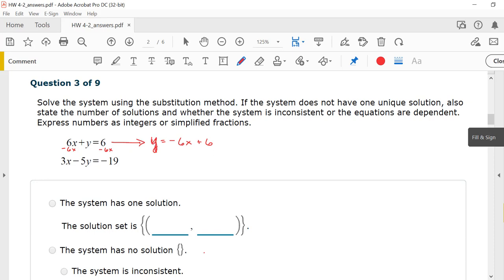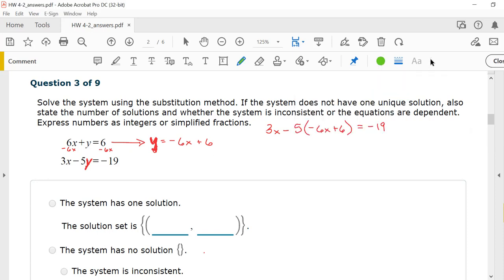I'm going to plug this y into this equation. So here we go. 3x minus 5y, but I'm not going to write y. I'm going to write negative 6x plus 6. So 3x minus 5y equals negative 19.